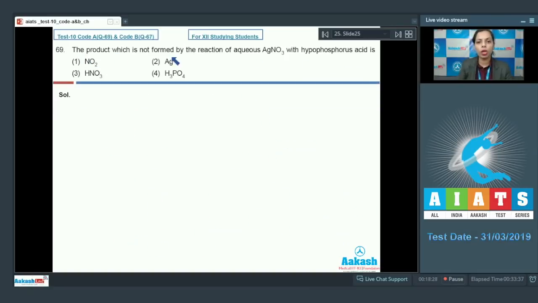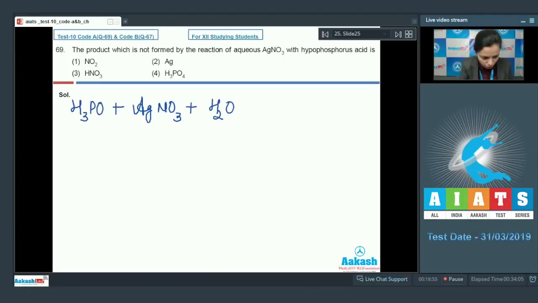After that, question number 69. The product which is not formed by the reaction of AgNO3 with hypophosphorus acid is. In this case, we need to just write the reaction that is taking place. So we have the reaction in which we have AgNO3 reacting with water, aqueous AgNO3 is reacting, and it is reacting with hypophosphorus acid.